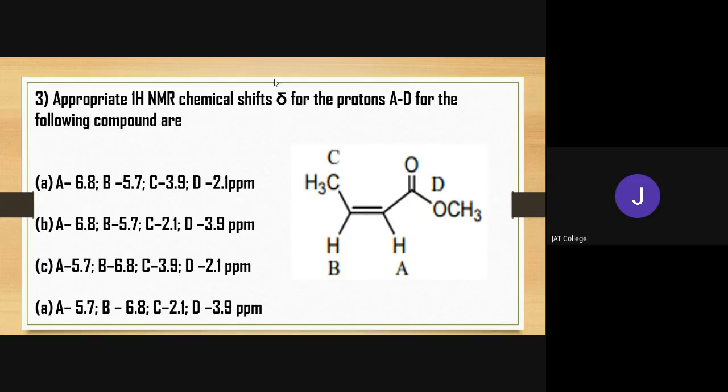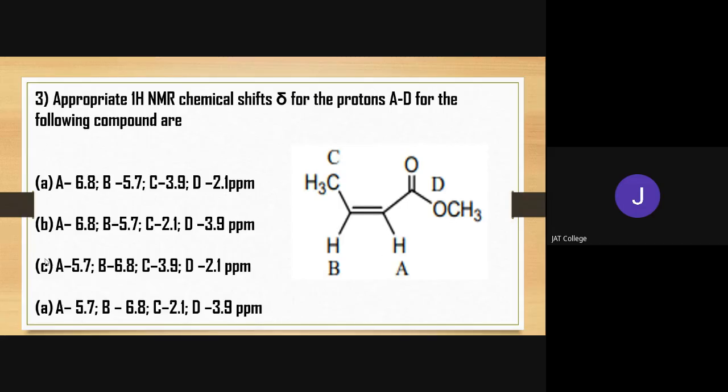Definitely B, because after conjugation, beta carbon becomes positive. And as the beta carbon becomes positive, it is electron deficient. And the proton attached to such carbon is deshielded. That means their delta value increases. So we can say that out of A and B, the B proton has the higher delta value as compared to A.